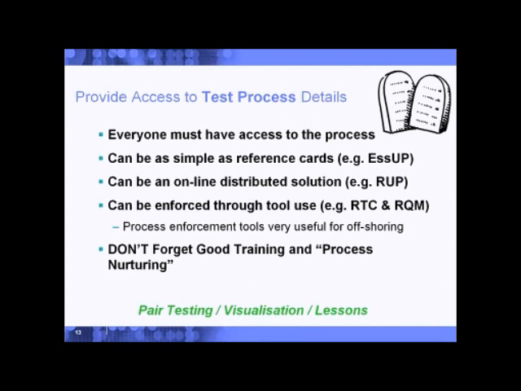Their solution was not just providing an online reference as process, but also having A4 size, double-sided, laminated reference cards which described particular tasks and the process needed by the practitioners to be successful. So, for example, there would be a card for unit testing, there would be a card for functional testing, for performance testing.